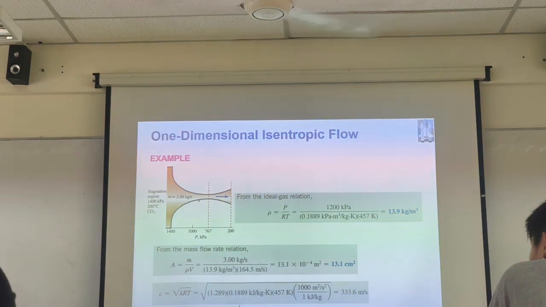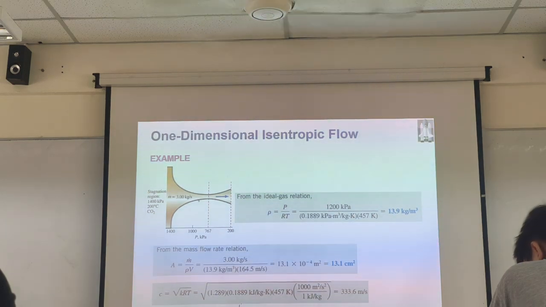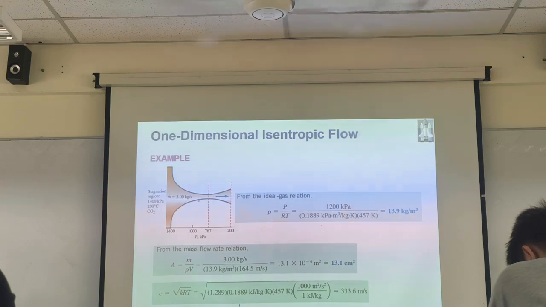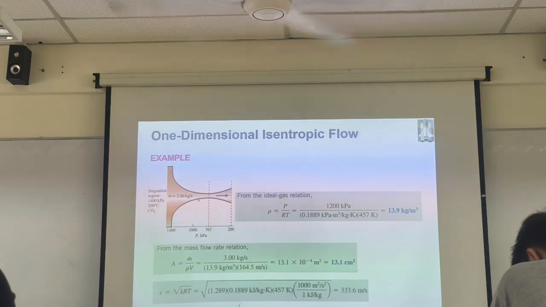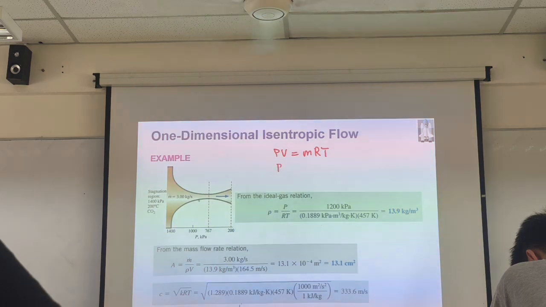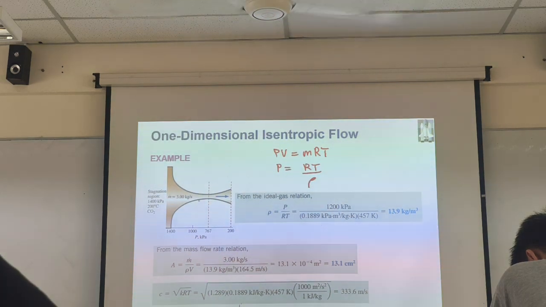PV equals to mRT, so P equals to RT over the specific volume. So P equals to RT over density.